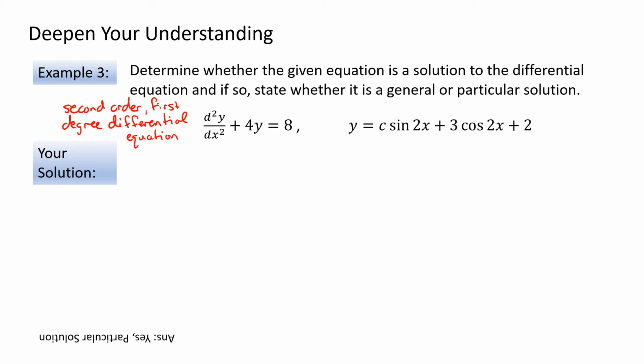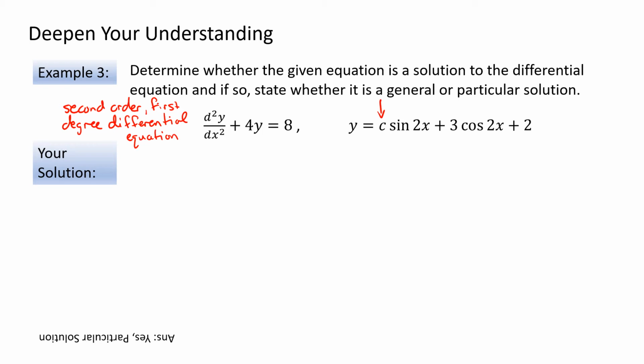Our equation we're going to test is y equals c times sine of 2x plus 3 cosine of 2x plus 2. So the first thing to note here is that we have a constant that is undefined, and that's on the first term because we have c times sine of x.